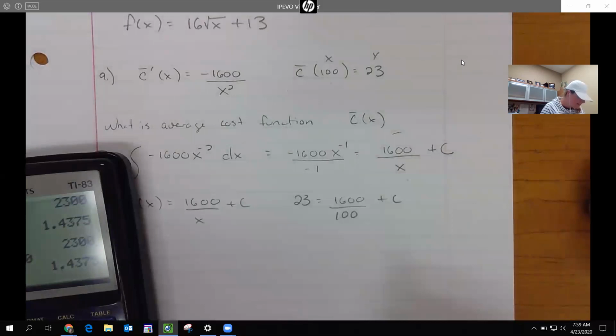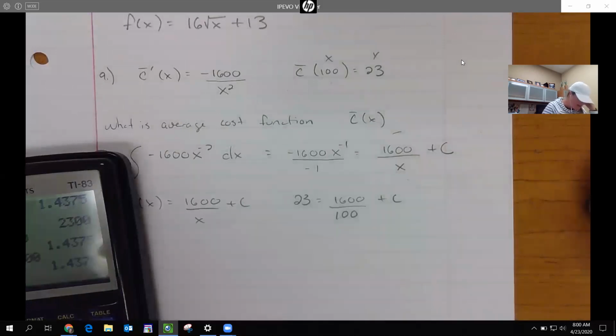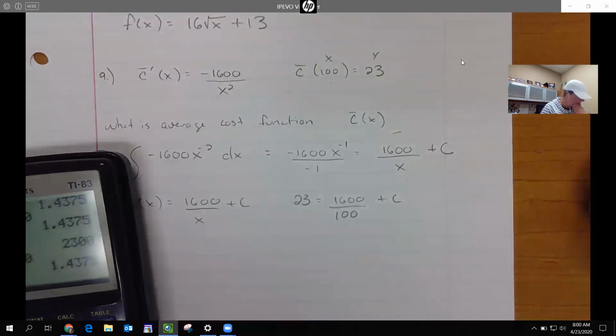I still get the wrong answer. I don't know how I got 7 in all my notes. 2300 divided by 1600. I can do it over and over and over, I still get a decimal. X is 100. I didn't mess anything else up, did I? Hope not.